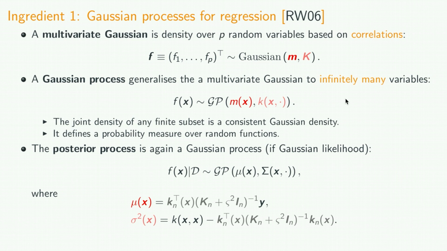And it's again a Gaussian process with a mean function of this form, essentially a weighted sum of the evaluations, and some uncertainty around those mean points, where the variance is the prior variance minus a quantity that depends on how much correlation there is between a point and other evaluations.